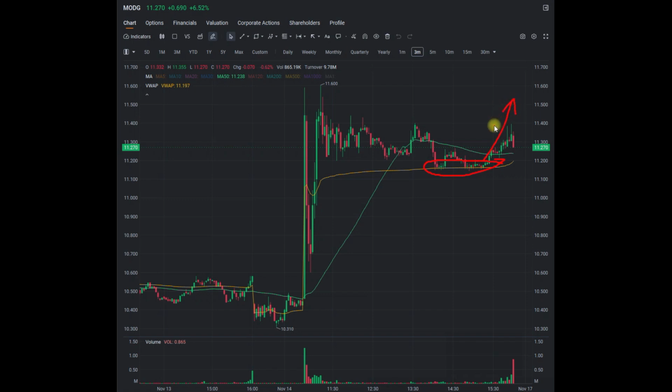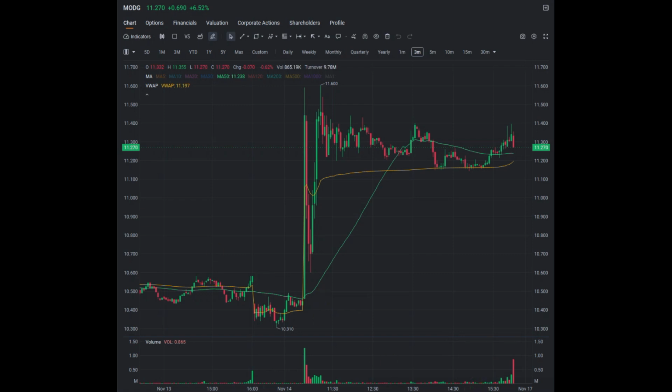If it doesn't run, it can come back to the entry and you stop out, no harm, no foul. Worst case scenario, if it moves higher and then drops, you lose the 1%. So the 1% stop loss is crucial.